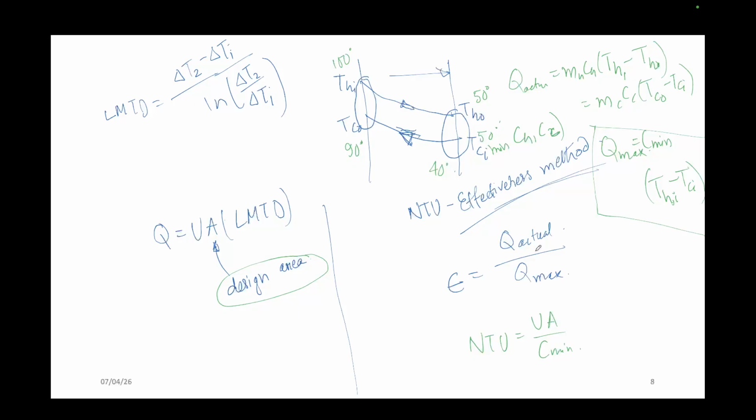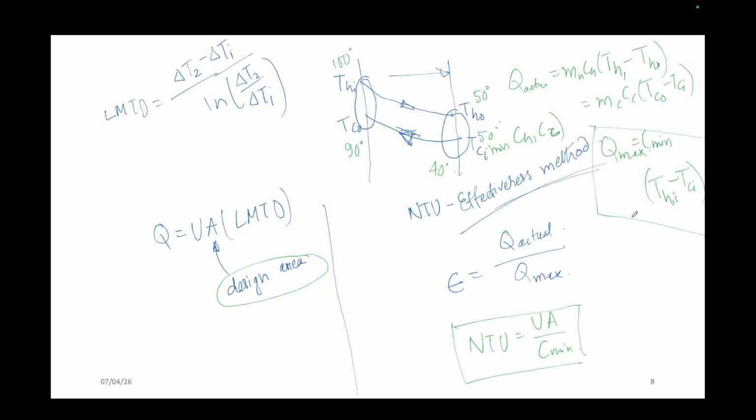Sometimes in the question NTU value will be given, U will be given, A will be given. So what you will get? C min. If you get C min, you can find out Q max, and you can find out Q. So that is the basic difference.